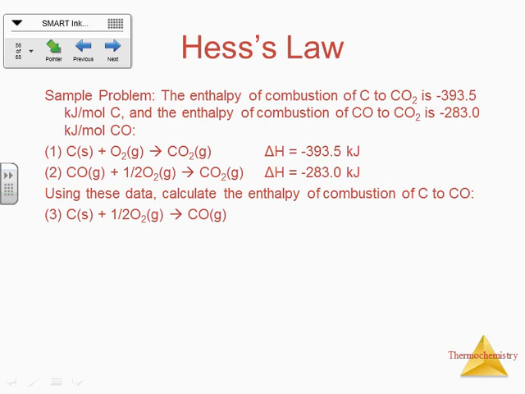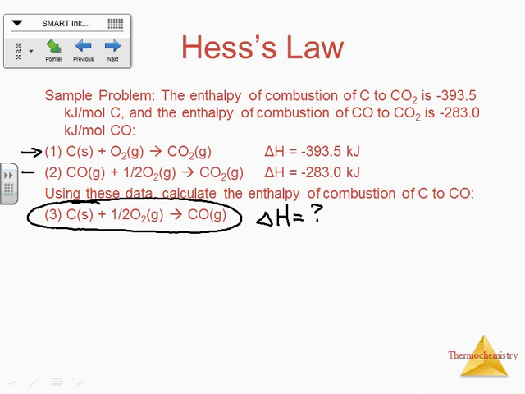And the goal here on these problems is that they're going to ask you to calculate the delta H for a reaction. And they're going to give you the delta H for a couple of closely related reactions, okay? Which is what they're doing here. Now what you have to do is figure out how to rearrange equation 1 and equation 2 here so that when you add them together you end up getting equation 3, okay?